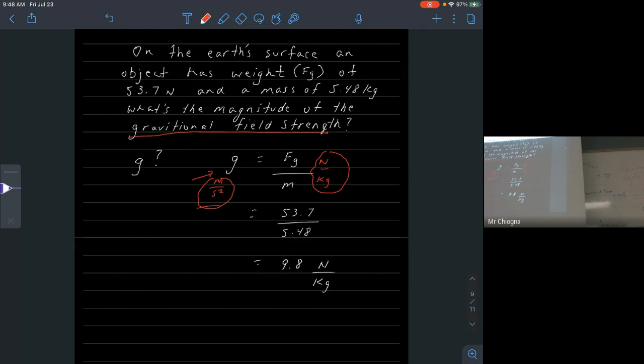Okay, so there are questions on page 241, the handout that I gave you from last day. Try, what is the magnitude of gravitational field strength on planet X? Try 1 and 2. Let me see if you want to do 5 as well.